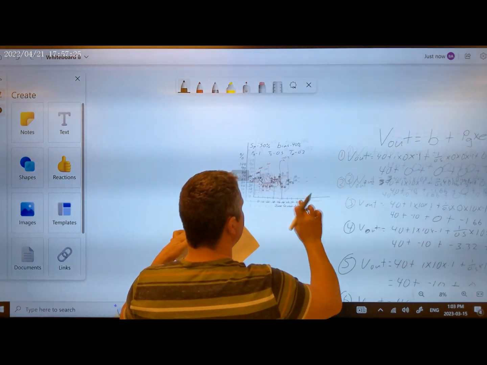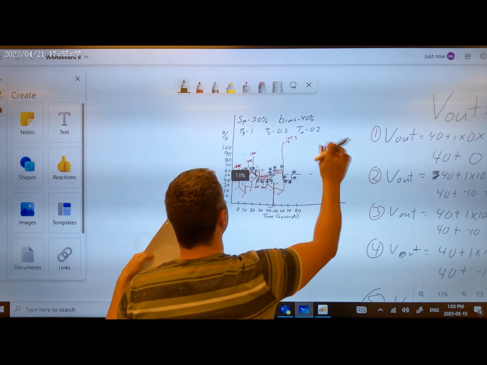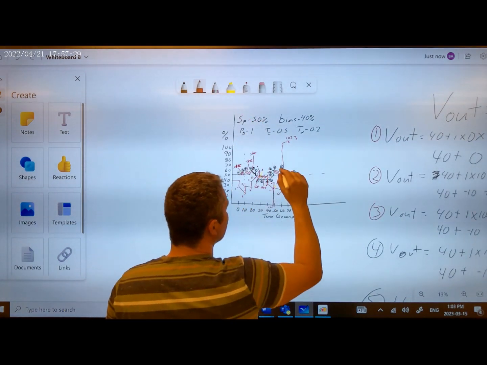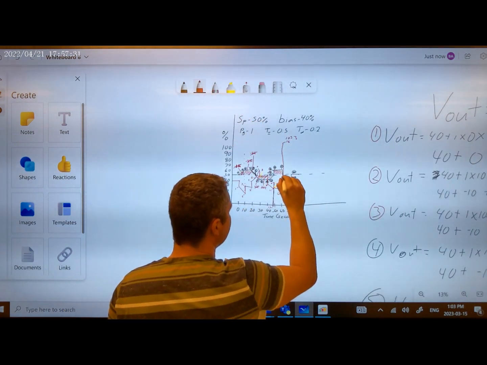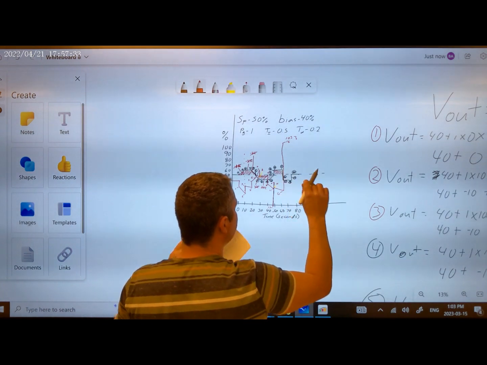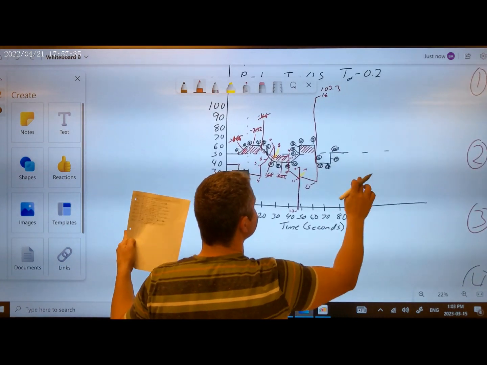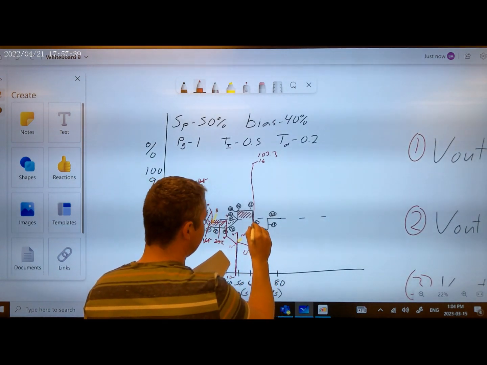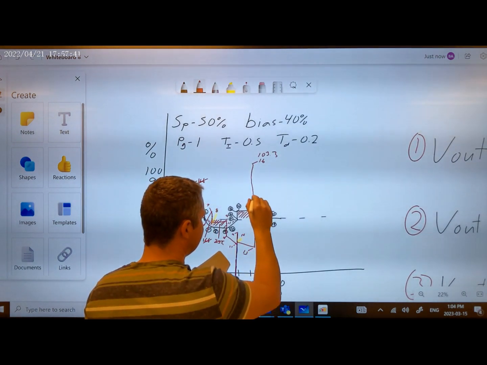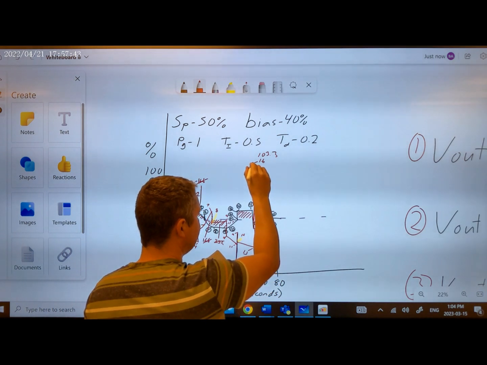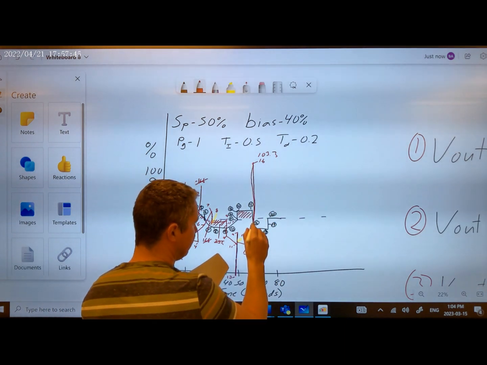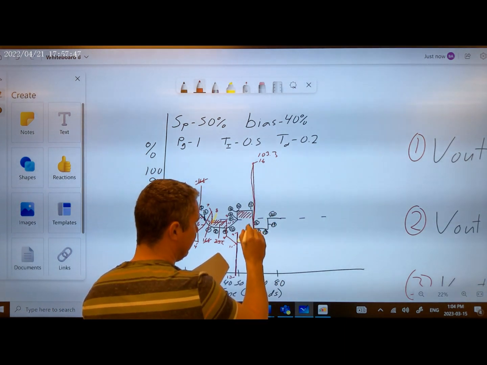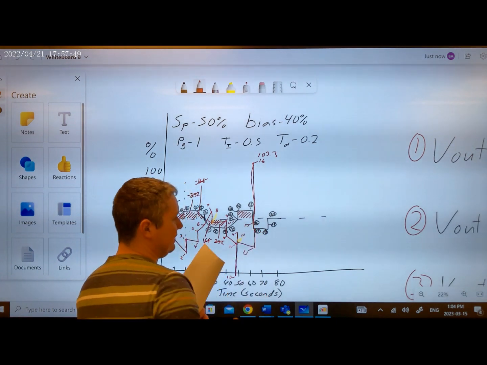So now we're going to come all the way back down to 46. I'm just going to go in the opposite direction just to make it easier on myself. But it comes to 46 right here. So that is 0.17.